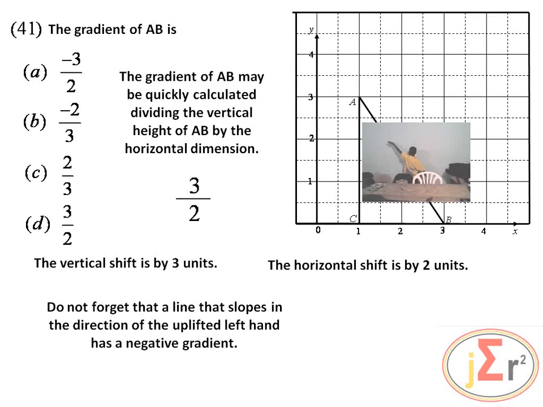Therefore, we are sure that the gradient that we have right there is negative. Right? So that we have it sloping in the same direction as we would have if we lift our left arm up like that. So the gradient is definitely negative. Right? So we know now that our answer is negative 3 over 2, and that is represented by option A.